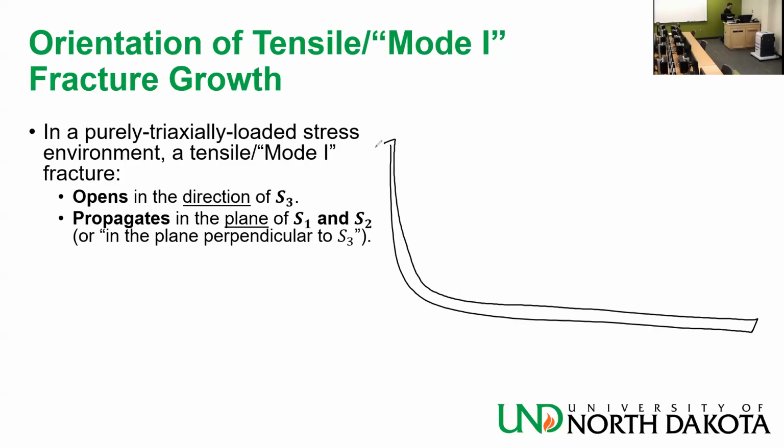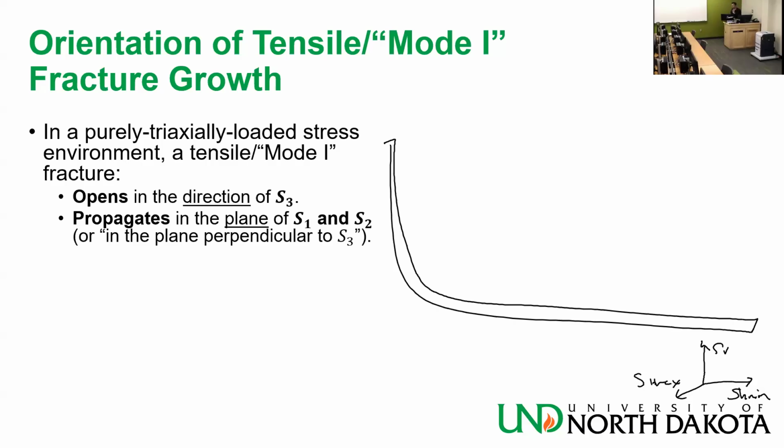Why do I want to drill my well parallel to SH mean? So why is the well parallel to SH mean? If it's a normal faulting stress state, which is the most likely, the fracture will open against this SH mean. So the width of the fracture will be parallel to SH mean.